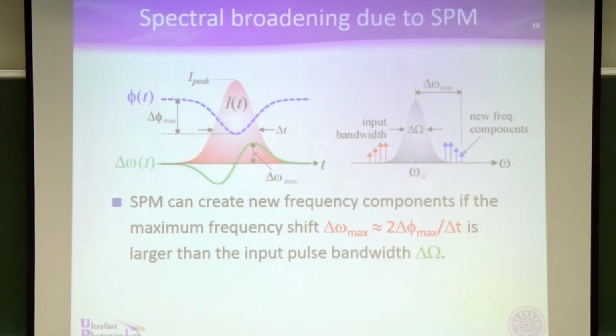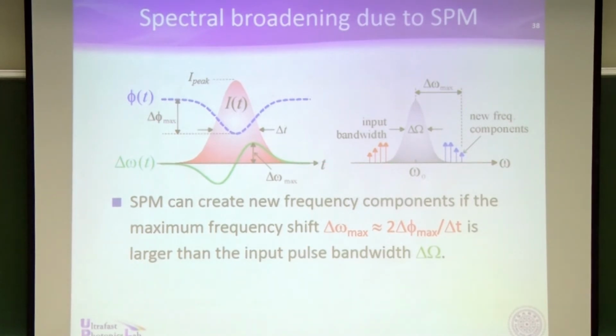So you have to increase the peak intensity of the input pulse. You can have a large frequency shift. The second choice is reducing delta t. If you cannot increase the peak intensity, maybe you can compress the pulse duration. Either way, you can get a larger frequency shift. Okay?